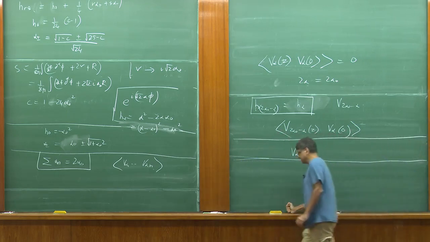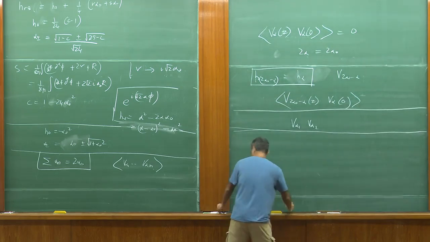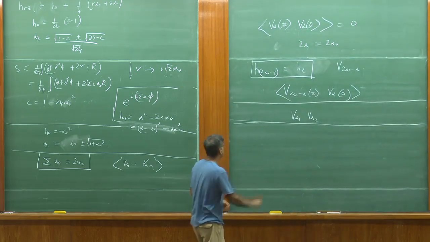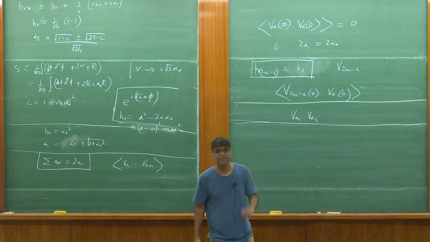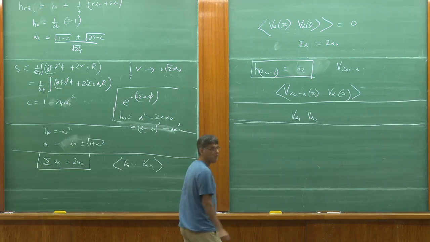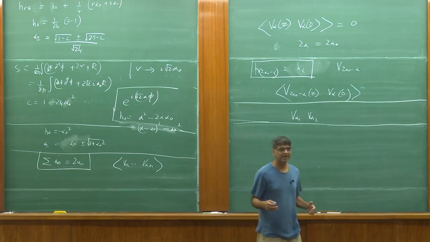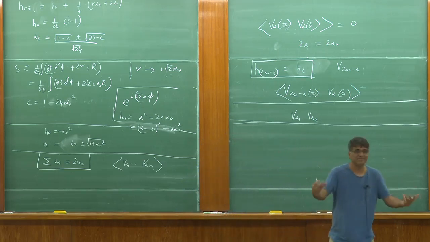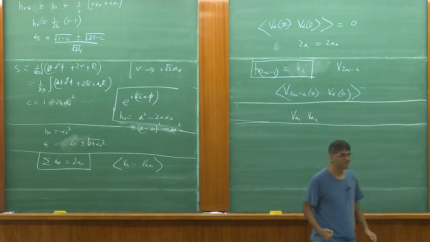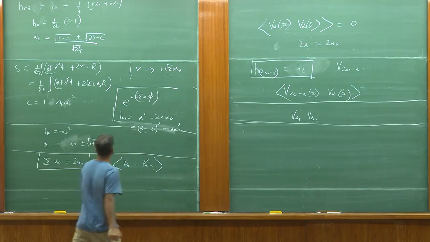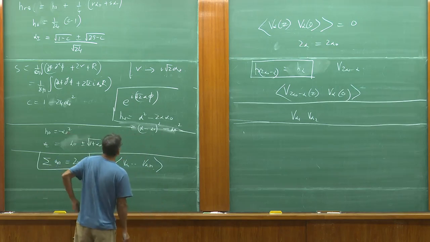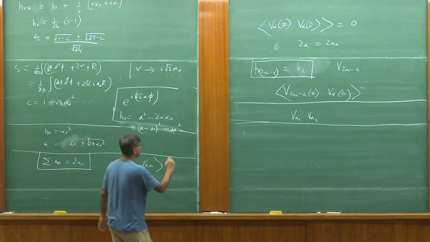What we're going to do is to look for V alphas that have the property that their scaling dimension is 1. So that these V alphas would behave like conserved currents. So suppose I want V alpha such that its dimension is 1.